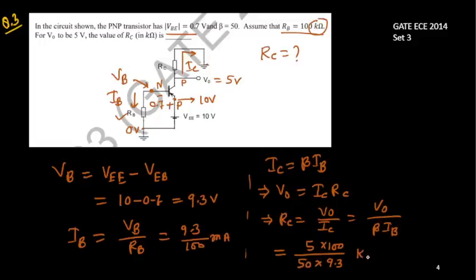So this is your kilo ohms. That's all. So the 10 will cancel, this 5 will cancel, so it is basically 10 by 9.3. It will be around 1 point something, 1.08 or 1.075, close to that. It's a little bit more than 1 because it is 9.3 and 10, very close to 1 but a little bit more. So this much kilo ohm. So the value for RC is 1.08 kilo ohm.